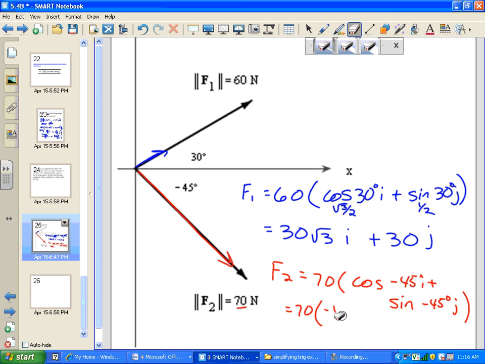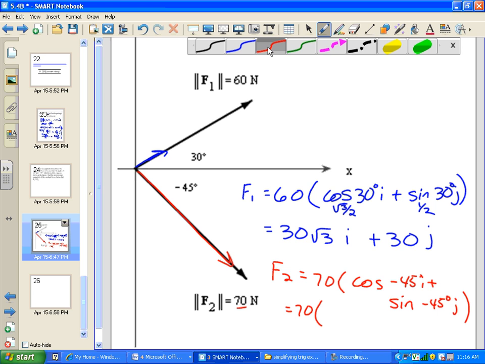No, it's positive. 70 times square root of 2 over 2 i plus, now, what's the sine of negative 45 degrees?